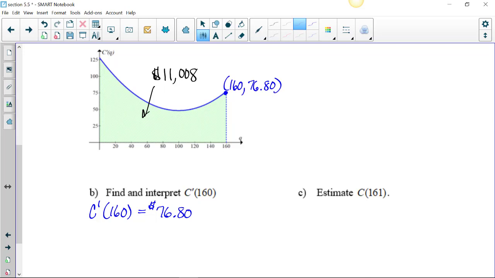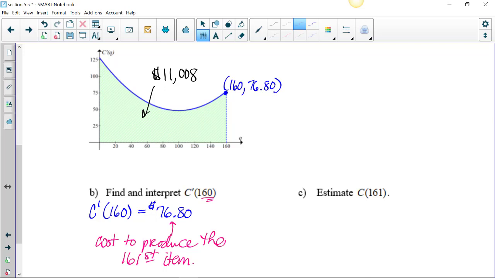So we would say that this is the cost to produce the 161st item. Remember, if we're at that level of production, that's what the next item will cost us, because that's the rate of change, cost per item at that level.